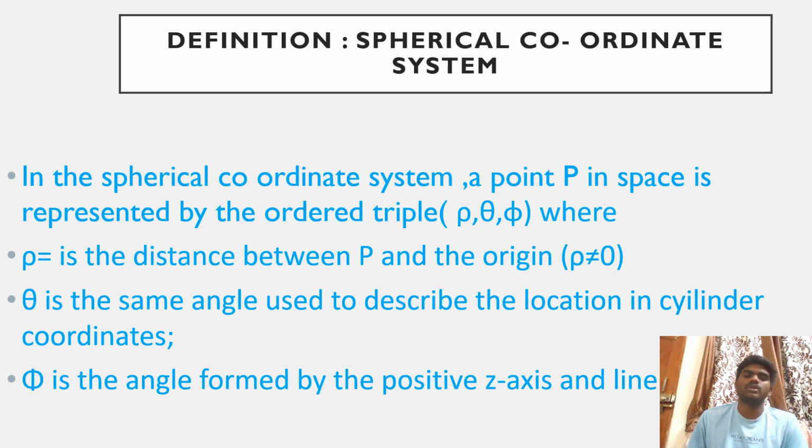Theta is the same angle used to describe the location in cylindrical coordinates, and phi is the angle formed by the positive z-axis and the line.